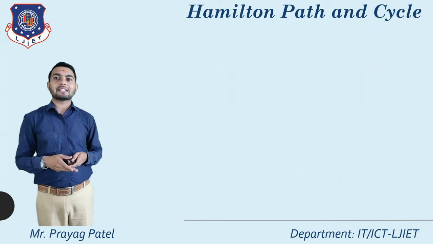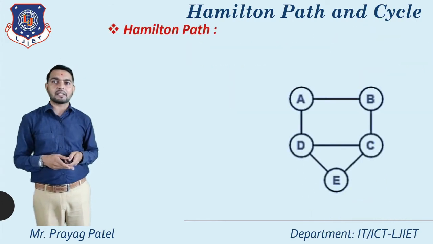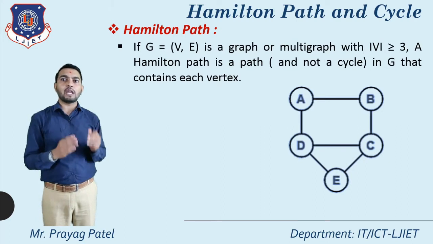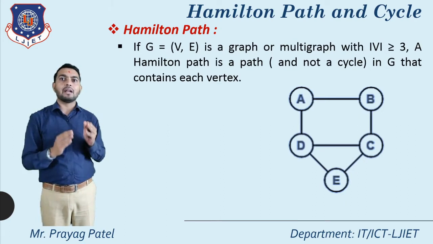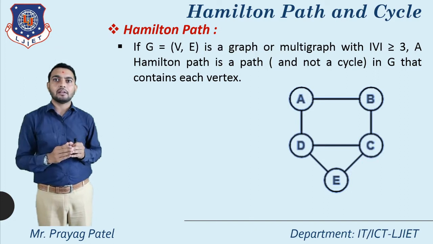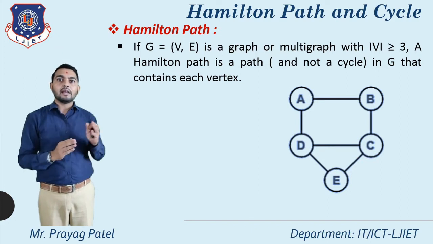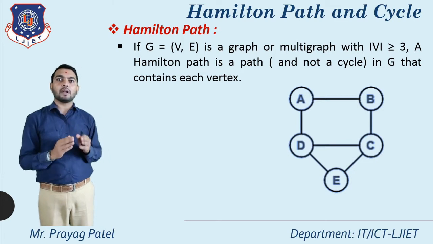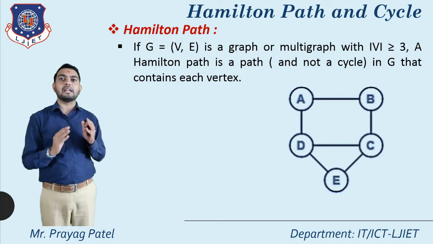Now consider the next concept: what is the definition of a Hamilton path? If G equals (V, E) is a graph or multigraph with the number of vertices V greater than or equal to 3, a Hamilton path is a path and not a cycle in G that contains each vertex. So here you compulsorily have to contain each vertex.